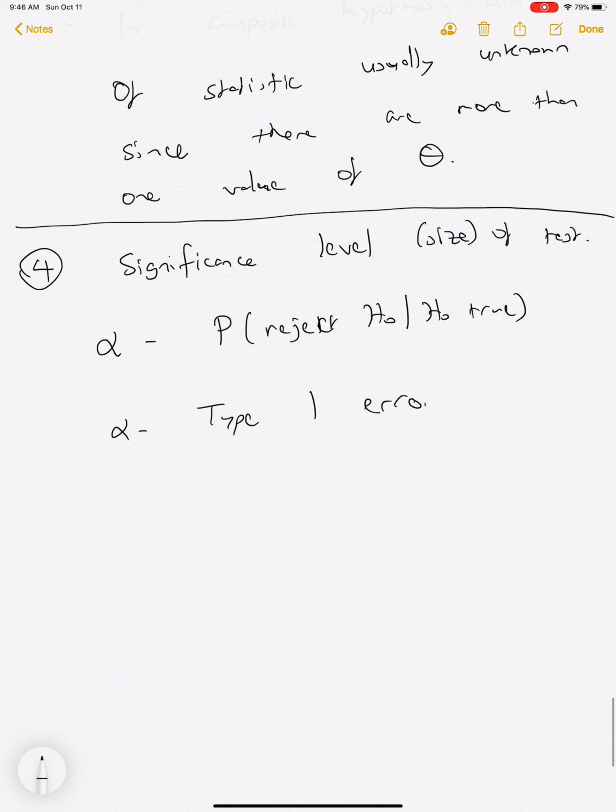Obviously, if H naught is true, you typically want to make sure that you would actually accept H naught, or not reject it. This is why it's referred to as an error, because if you reject H naught when H naught is true, that's telling you that you've made an error. So you want alpha to be as small as possible.